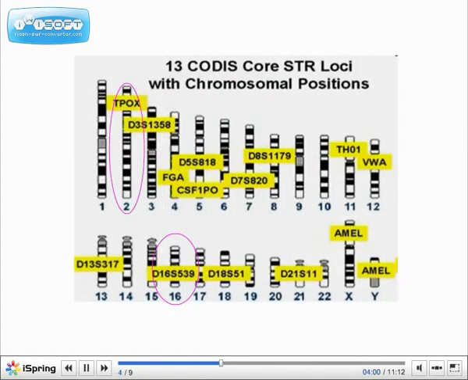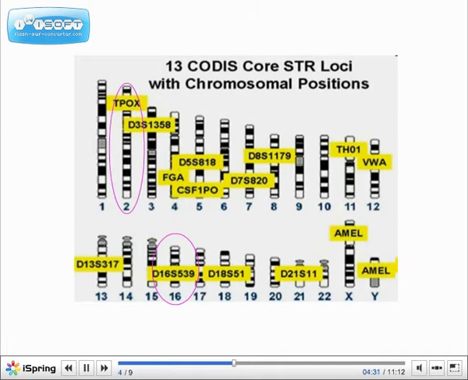13 microsatellite loci, or STRs for short tandem repeats, on 13 non-homologous chromosomes, plus an STR locus on the X chromosome and a locus on the Y chromosome, are used for DNA profiling by the FBI. For example, the TPOX locus, which is present in human chromosome 2, has 9 alleles designated 6 through 14 according to the number of copies of the repetitive element AATG.